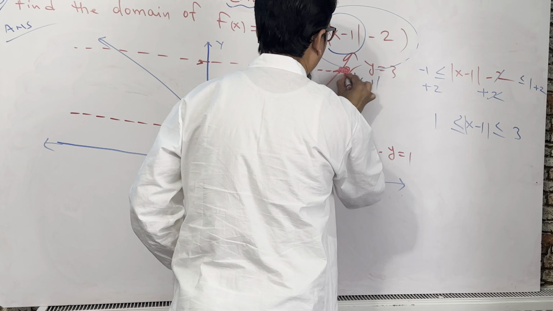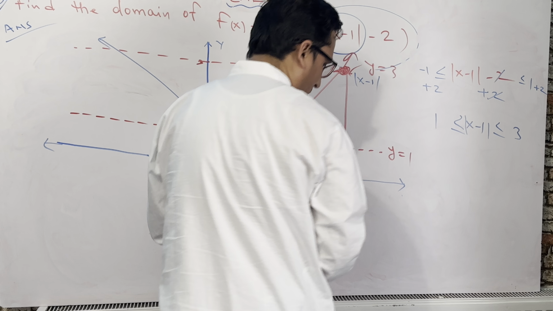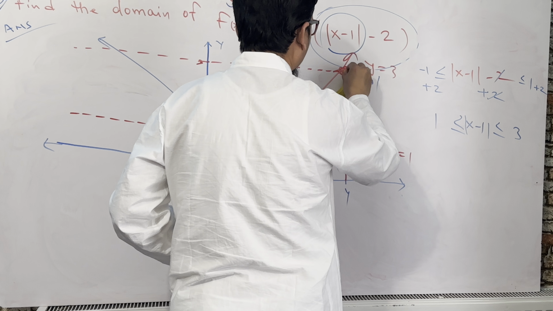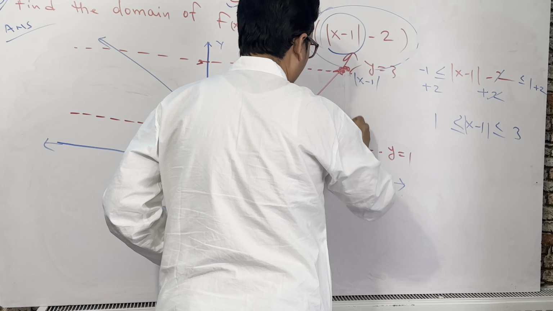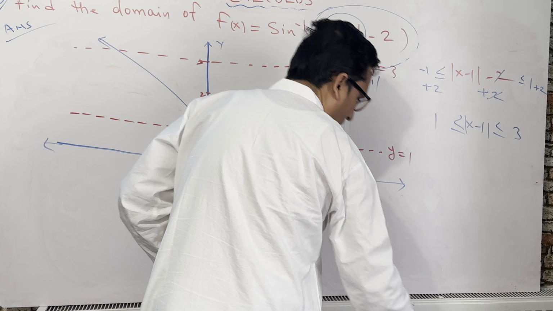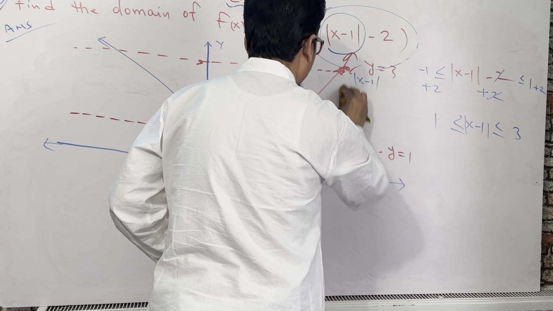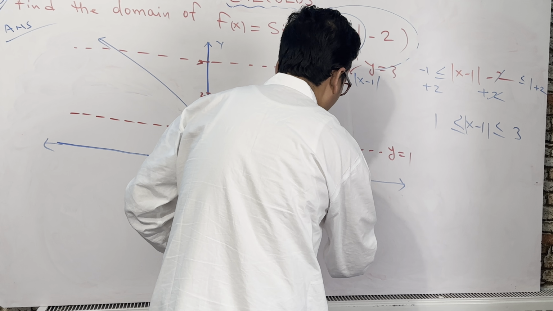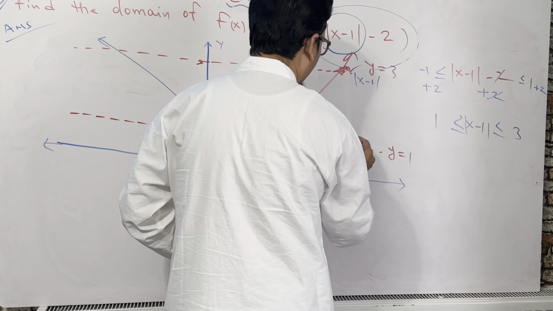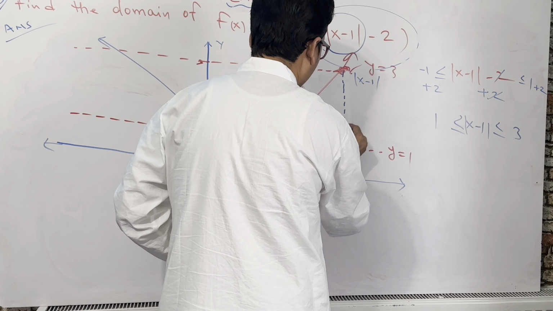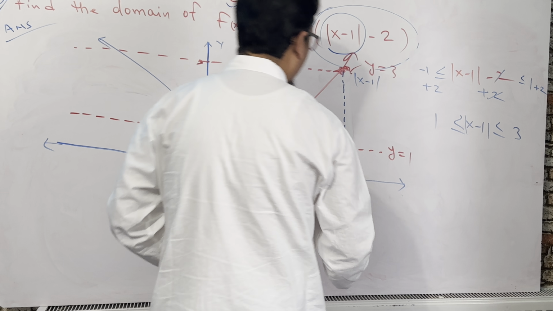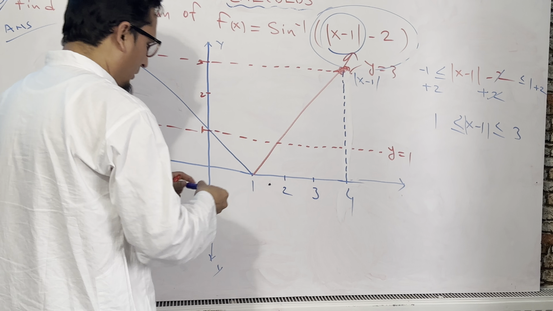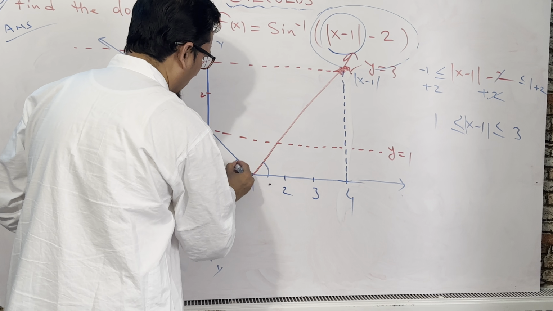This is the intersection. I'm sorry, my graph is not good. See here, this is 4, right? I got this is 4. So you know this angle and this angle are the same.